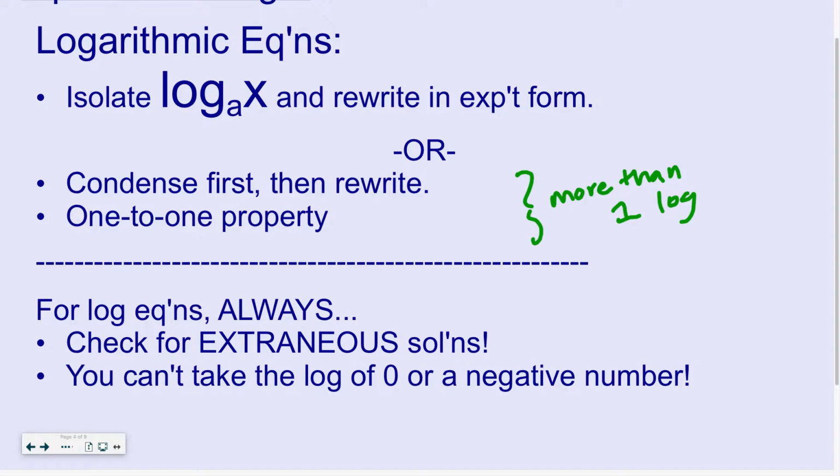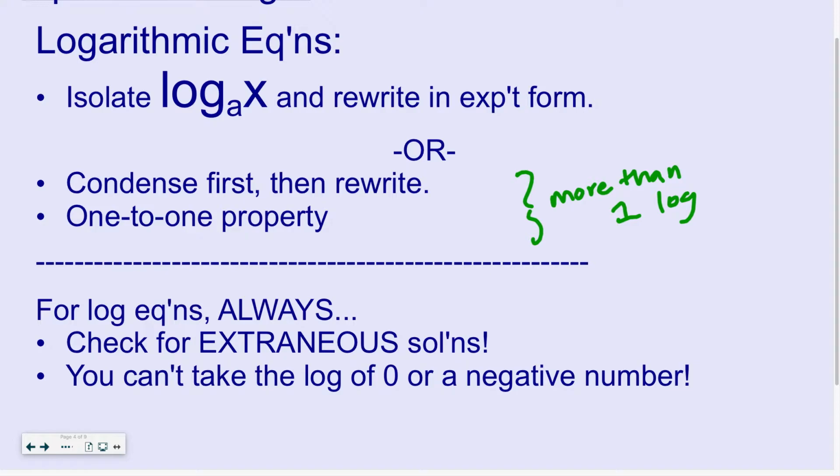Two logs with the same base that are being subtracted could be condensed into one log with division. You might use the one-to-one property if you just have log base 5 of something equals log base 5 of something else, then the two somethings have to be equal to each other, so you can drop your logs and set them equal.